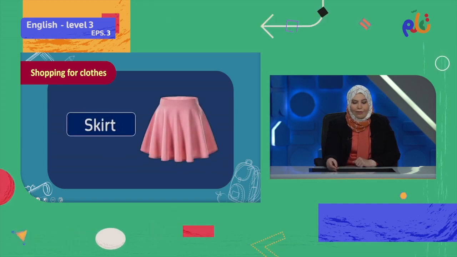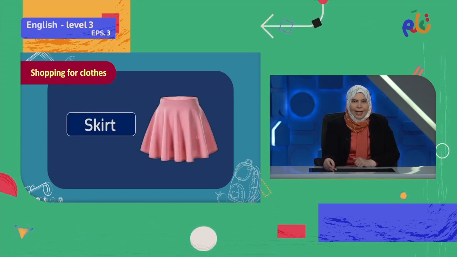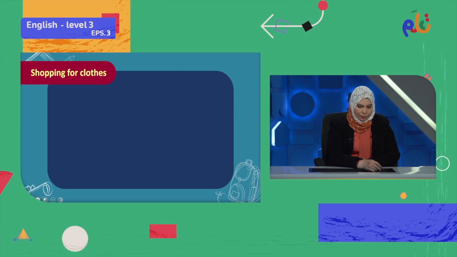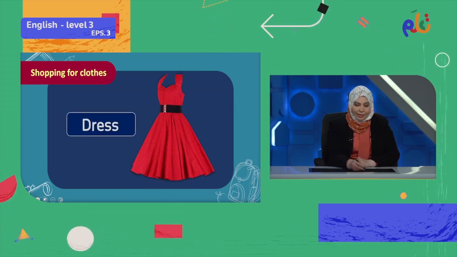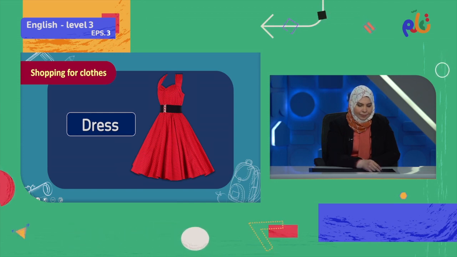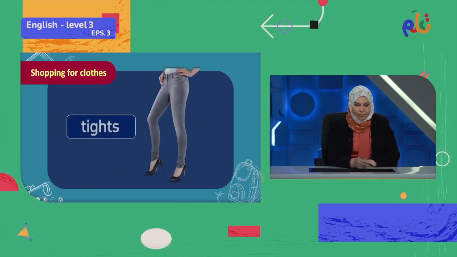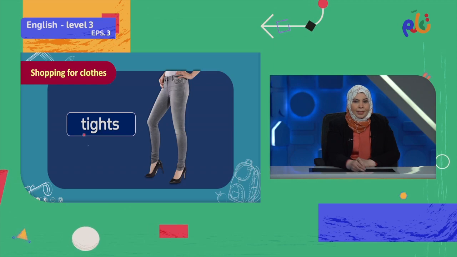We also have a skirt, a dress, tights, and tights are the very tight pants or the very tight trousers.